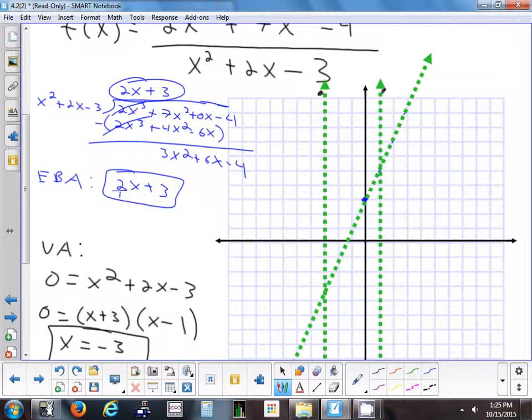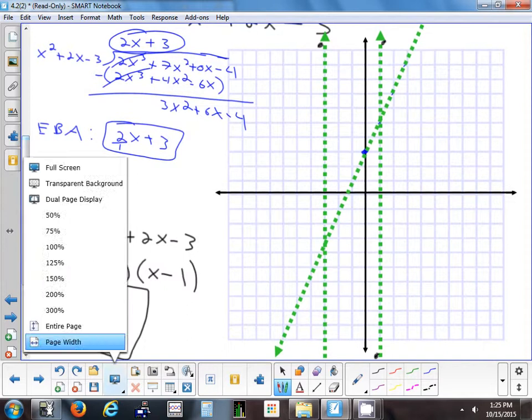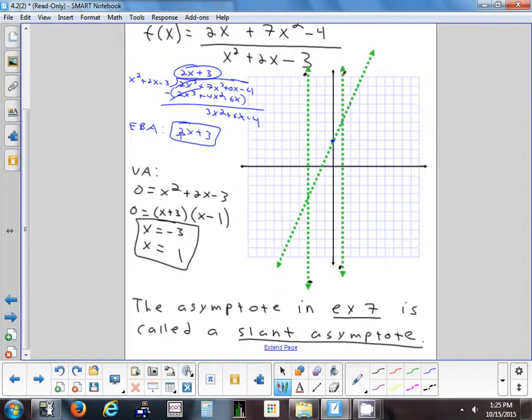Now keep in mind, you're not going to cross any of these dotted lines. So in this left-hand section, I can't cross this vertical line and I can't cross this line coming down. So my graph is going to have to come down, curve, and hug that asymptote.